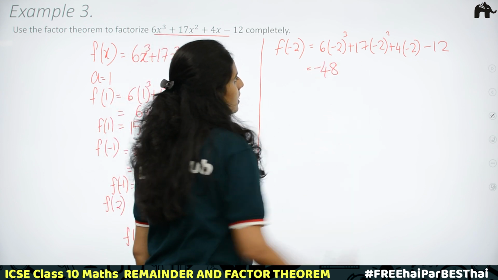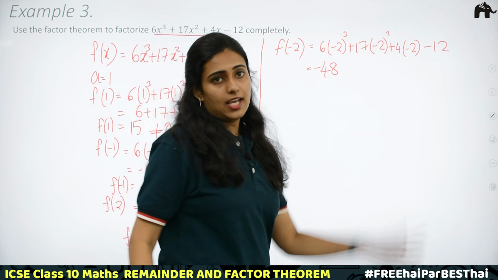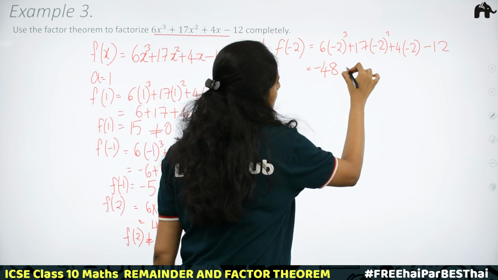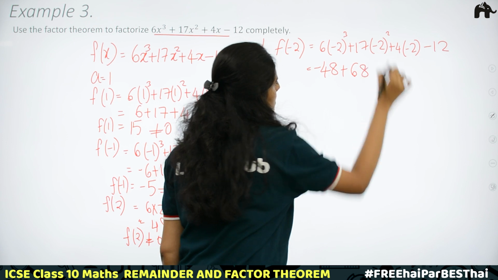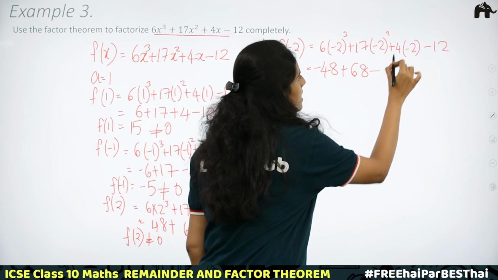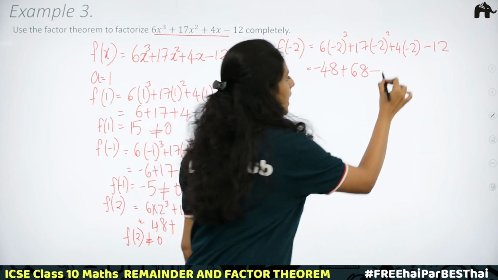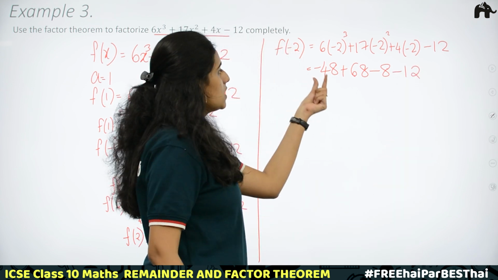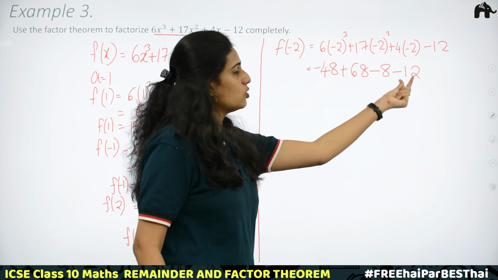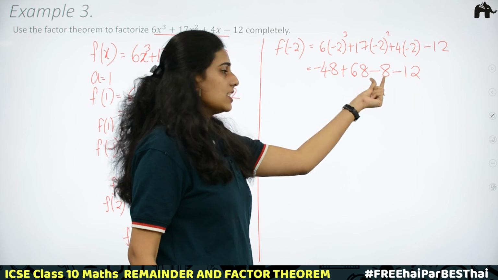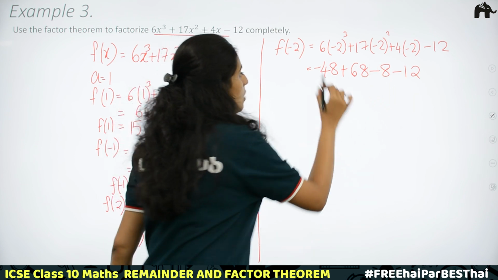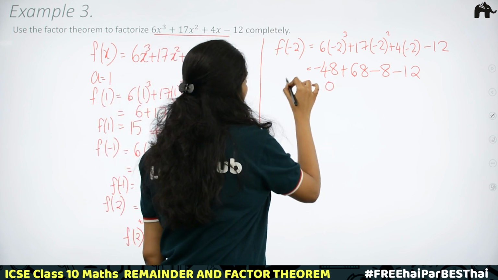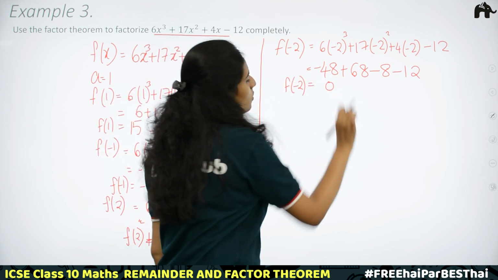Minus 2 square is plus 4. 4 into 17, that is 68. Minus 4 into 2 is minus 8. Minus 12. Okay. Minus 48 minus 12 is minus 60. Minus 60 minus 8 is minus 68. Minus 68 plus 68, we get 0. F of minus 2 is equal to 0.